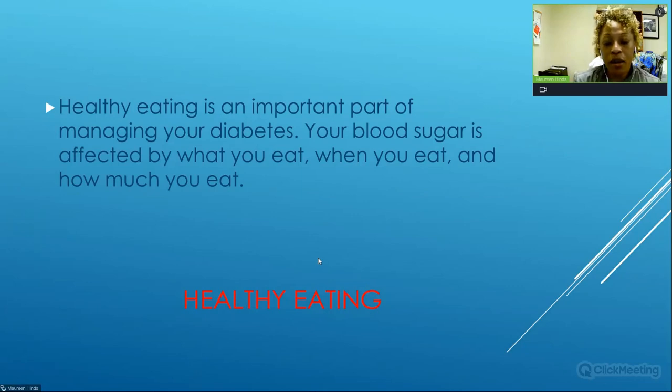So, when we're talking about healthy eating, once again, it's about incorporating the protein, the carbohydrates, and the healthy fat so that you're getting a good portion of each of those nutrients and not necessarily forbidding yourself from eating something you like, maybe a small piece of cake or a small amount of ice cream. Believe it or not, that's okay in moderation. So it's about learning how to portion control, which we'll go into in the next few slides.